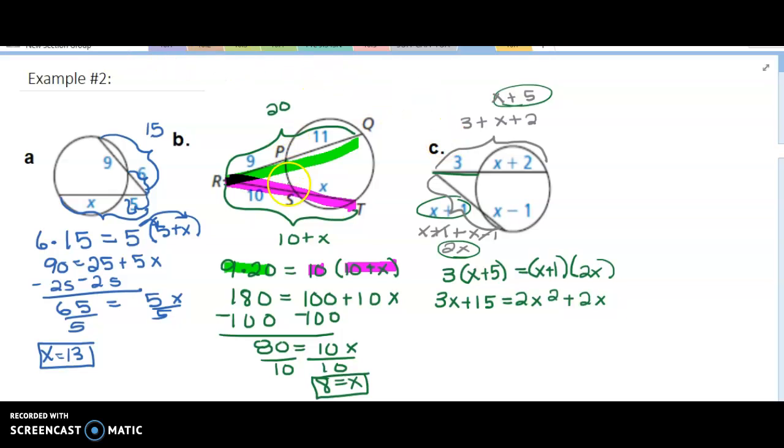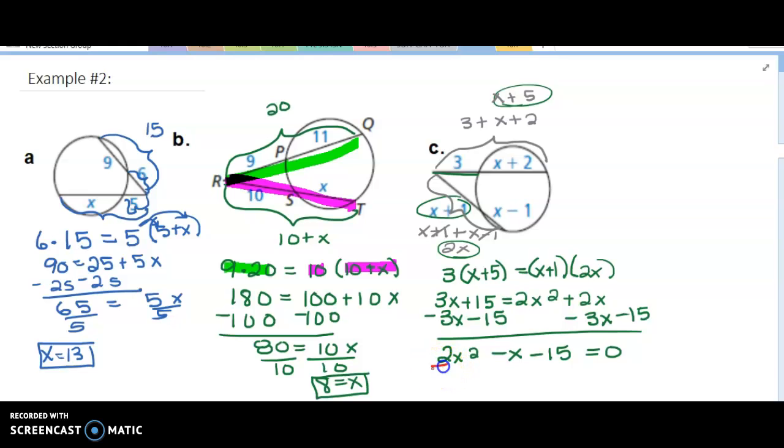Okay, so remember, first thing we need to do is move everything to one side and set it equal to 0. So I'm going to minus 3x, minus 15, minus 3x, minus 15. So I get 2x squared minus x minus 15 equals 0.